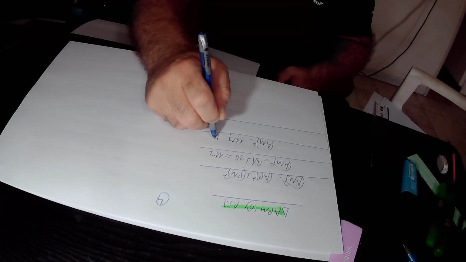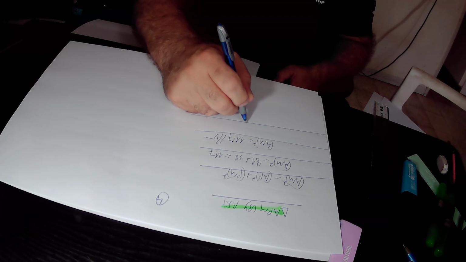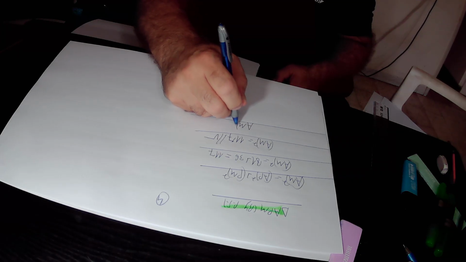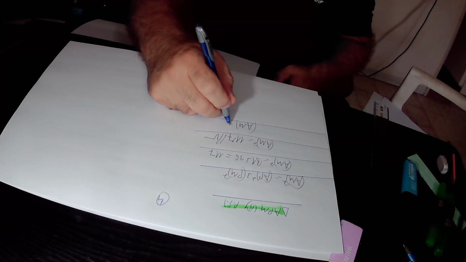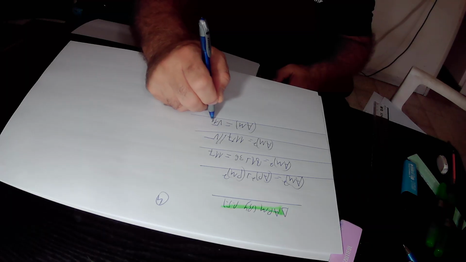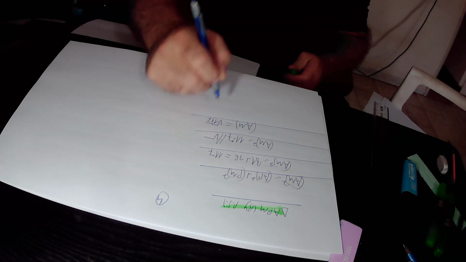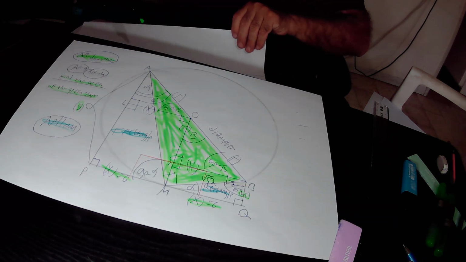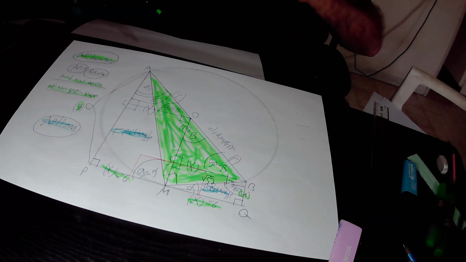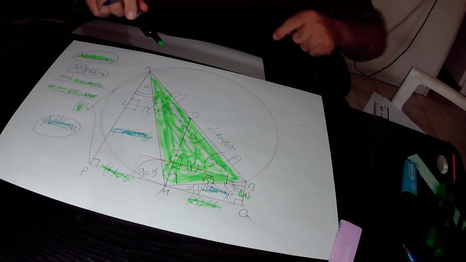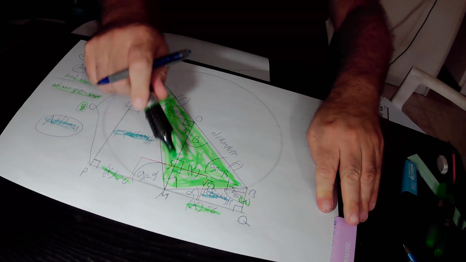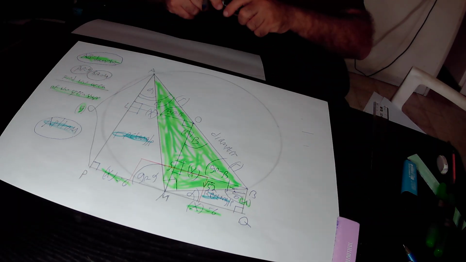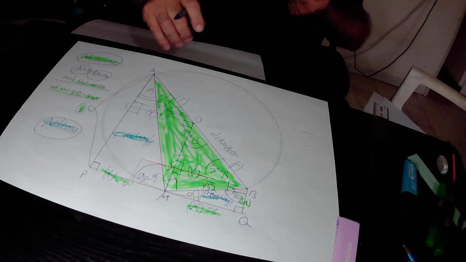Here we will take a root out of this equation and finally get that the missing side AM is equal to the square root of 117 units in length.